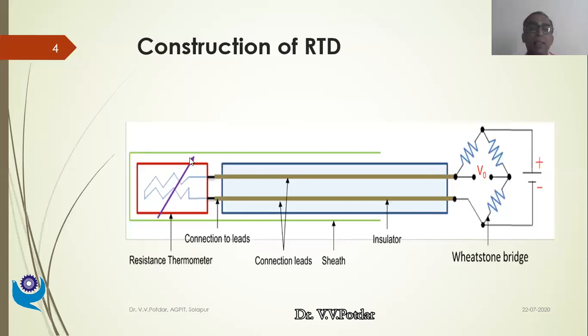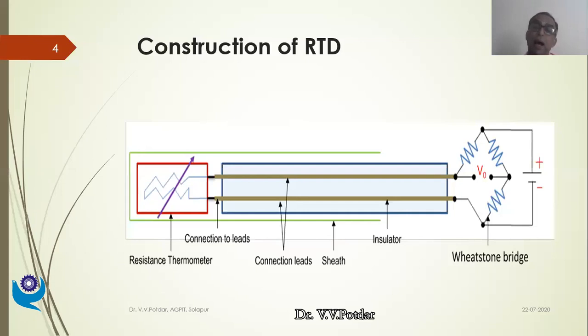So as this arm resistance varies, the bridge becomes unbalanced. Whatever delta R occurs because of delta RT, this delta RT is proportional to alpha into delta T, isn't it? It's proportional to temperature.